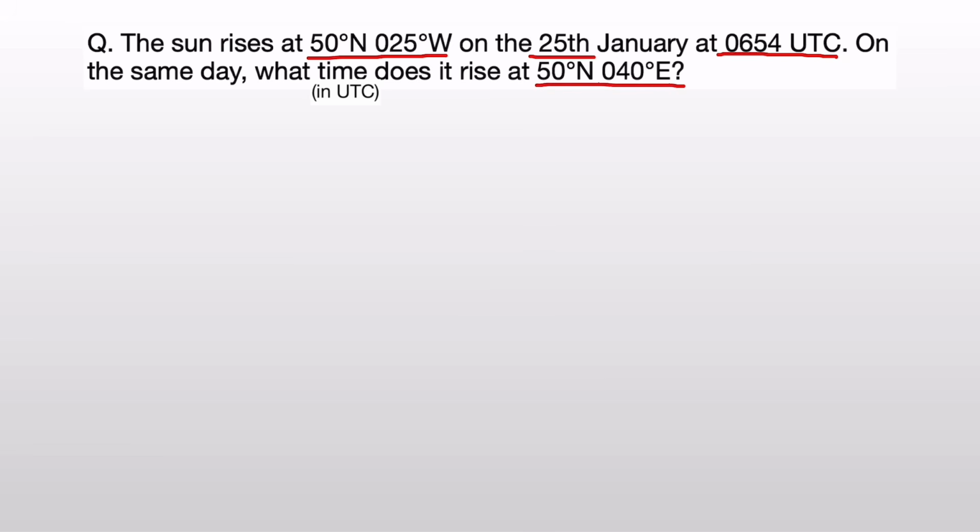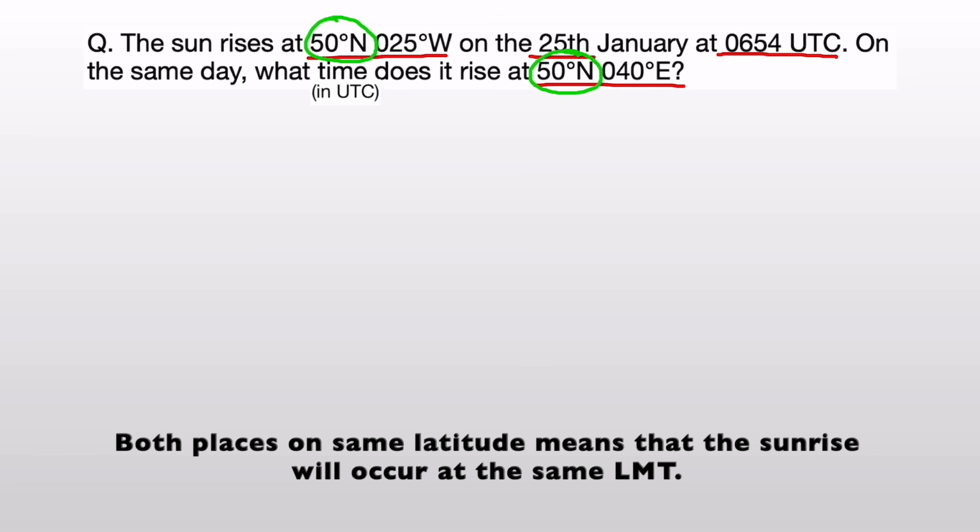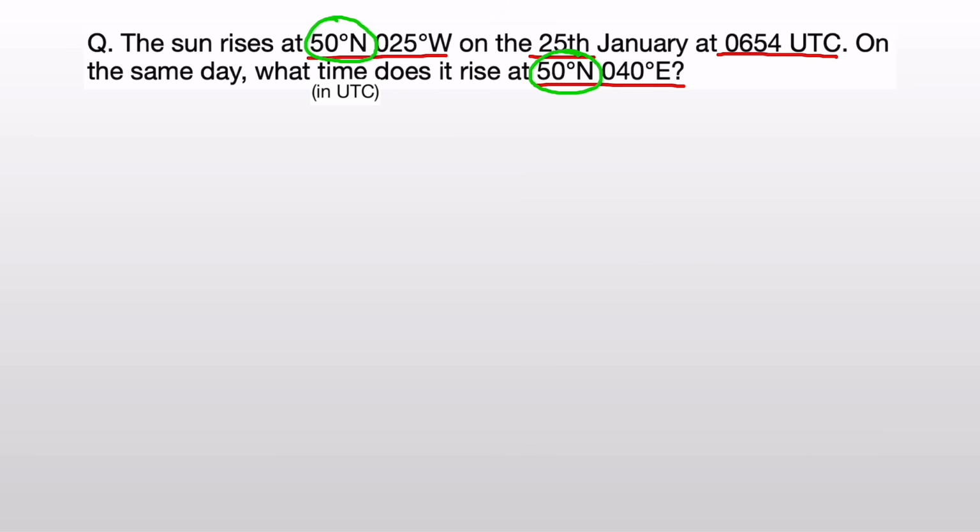The first thing I need to see is whether these points are on the same latitude or not. So let's compare the coordinates. The first point is on a latitude of 50 degrees north. What about the second point? Yes, the second point is also on the same latitude. So that means the LMT will be the same. This makes things very easy for us.